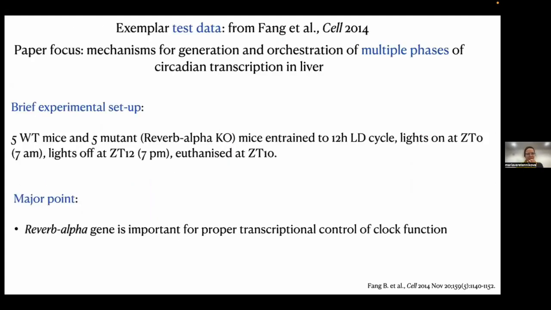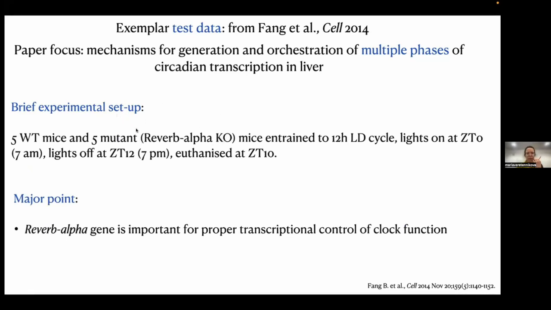Another example we looked at: we've got wild type mice, which means freely fed, nothing was done to them, no specific gene modifications or anything like that. And you have mutant mice which have a knockout of a specific gene, reverb alpha, that I mentioned earlier.